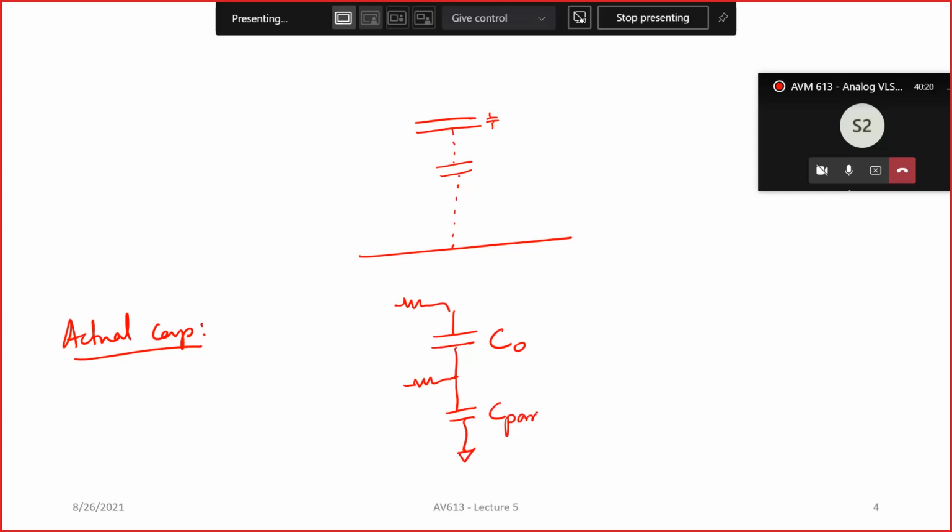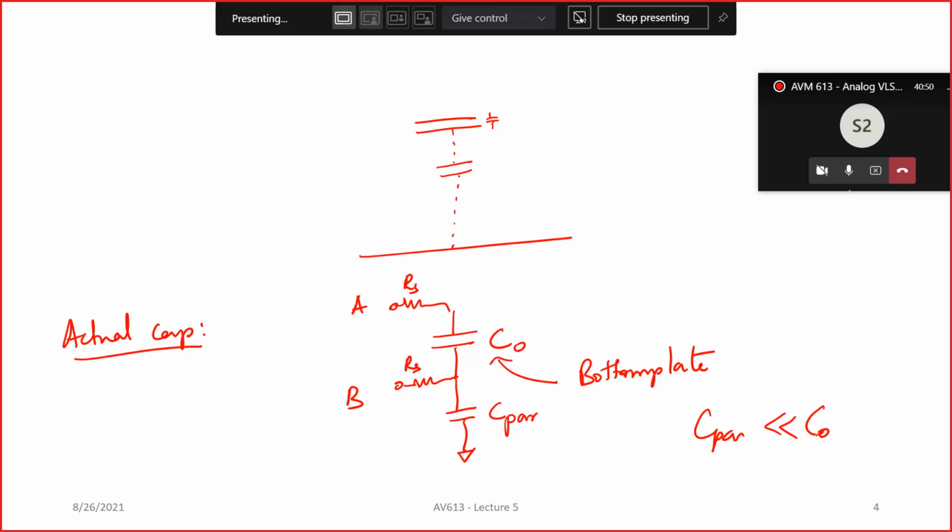These are the two terminals, let's say terminal A, terminal B. You have some series resistance R on both sides, and you have a parasitic capacitance from the bottom plate. So this is what is called the bottom plate. From there to the substrate you have some capacitance. Of course, C parasitic will be much lower than C naught, but still you will see in some applications this actually plays a role. This is something that you should know.